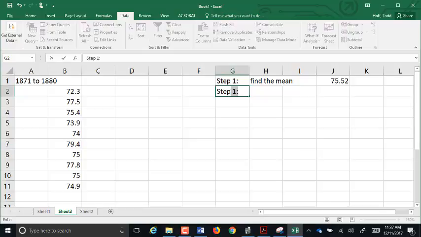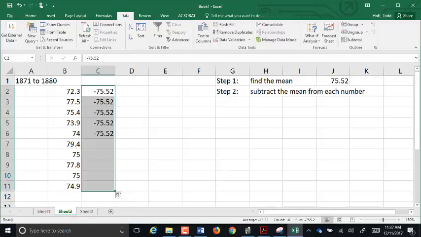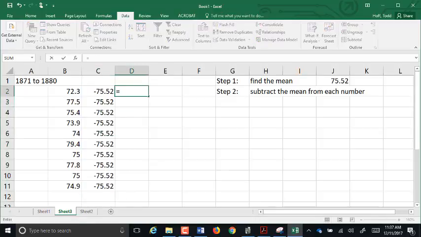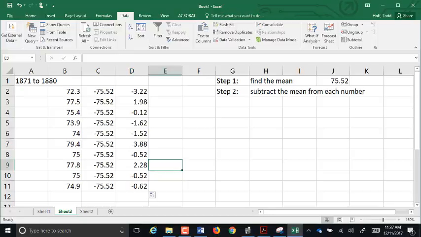Step two is to subtract the mean from each number. So that means I'm going to subtract 75.52 from each of these numbers. So you notice some are negative, some are positive.